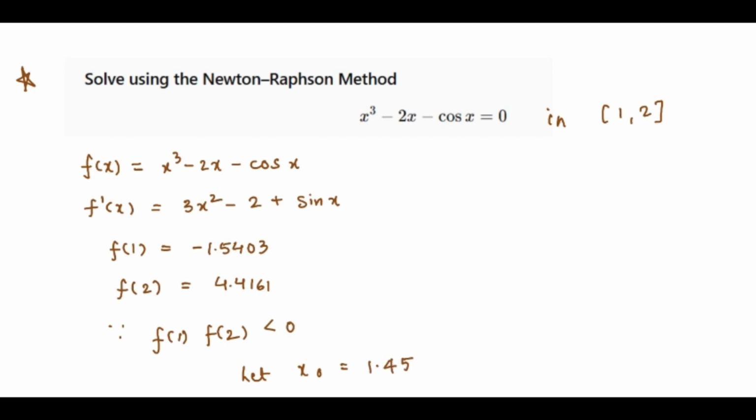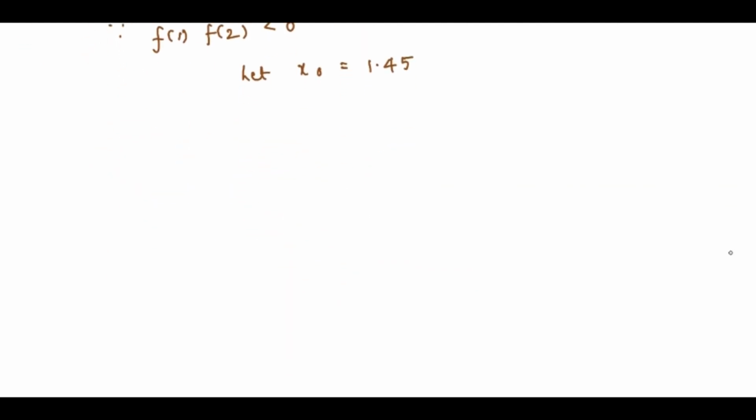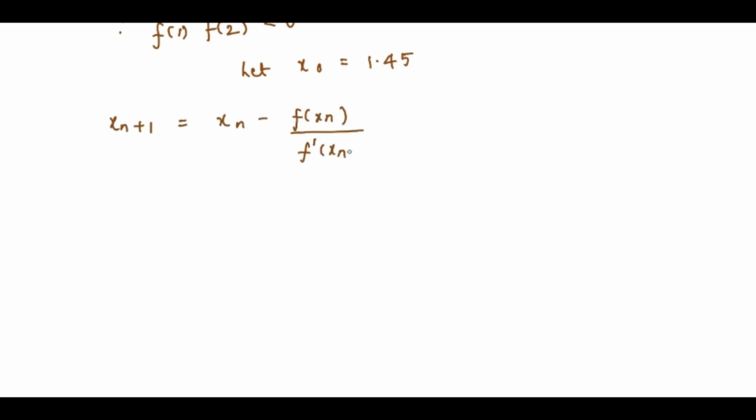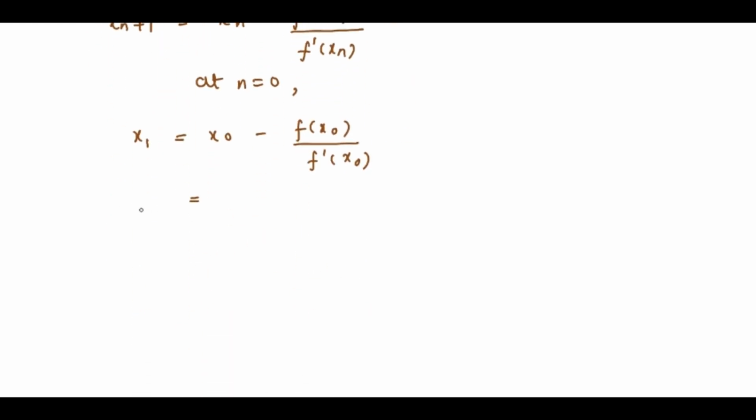Then using the Newton-Raphson method, we get the values for f(1.45) and f dash (1.45), and hence we get the value of our x1 as 1.4447.